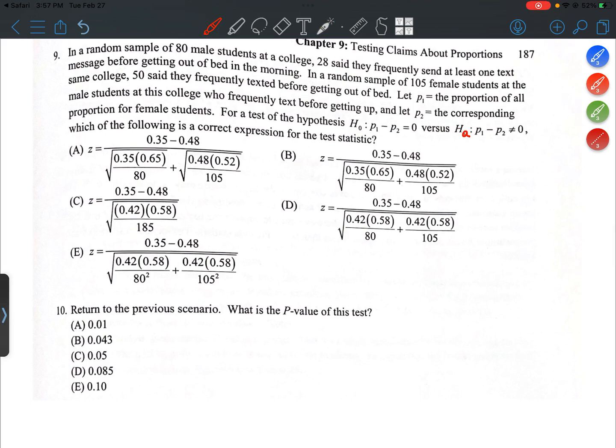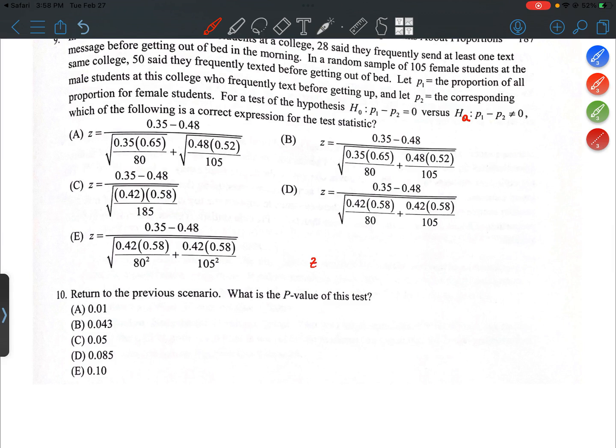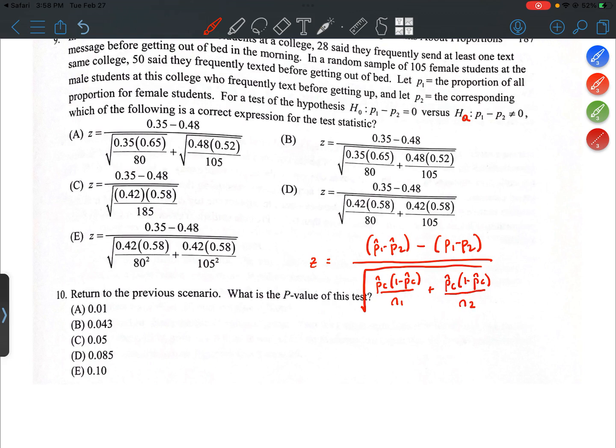So the specific formula is P hat 1 minus P hat 2, that represents our statistic, minus P1 minus P2, that represents our parameter, divided by the square root of P hat C, 1 minus P hat C over N1, plus P hat C, 1 minus P hat C over N2. N1 and N2 just represent the sample sizes. P hat C is the combined proportion.